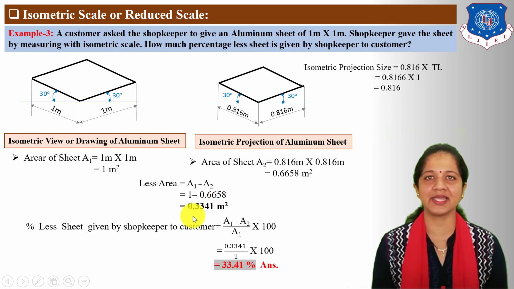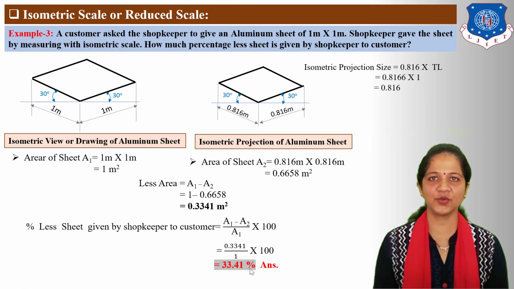So, the less area is 0.3341 meter square divided by A1 area is 1 meter square multiplied by 100. So, less area of sheet in percentage is equal to 33.41%.